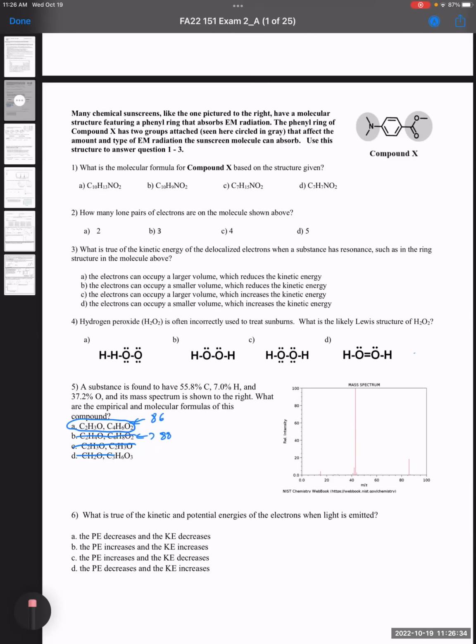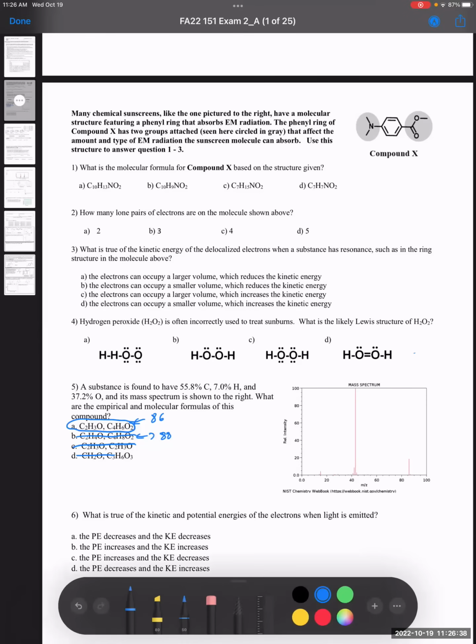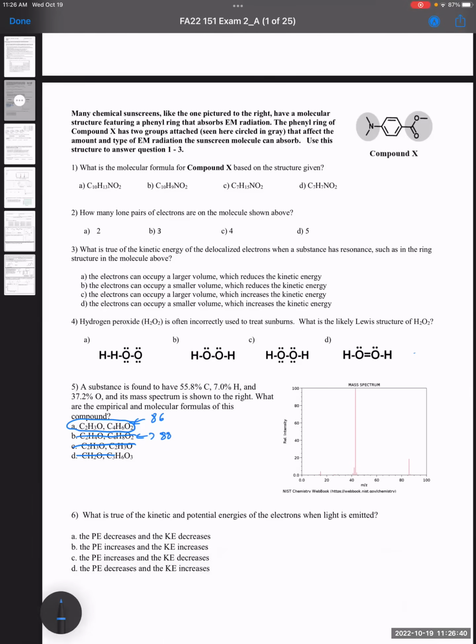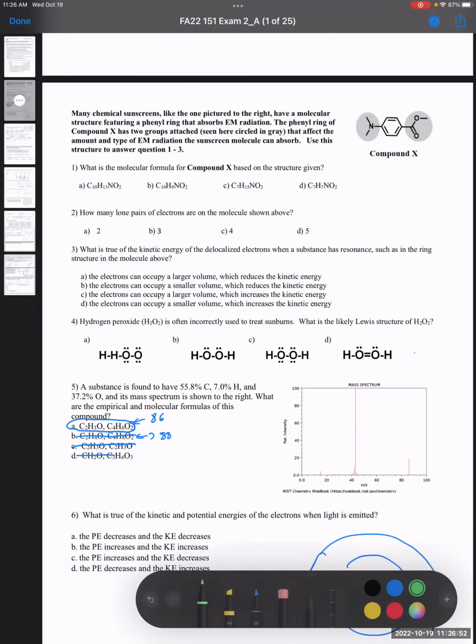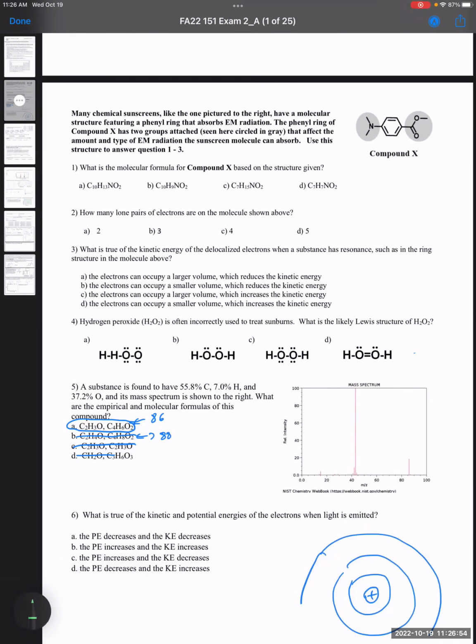If you can recall the Bohr model, what is happening in emission is, so we have these orbits over here and so forth. The electron is coming from a higher energy orbit to a lower energy orbit.